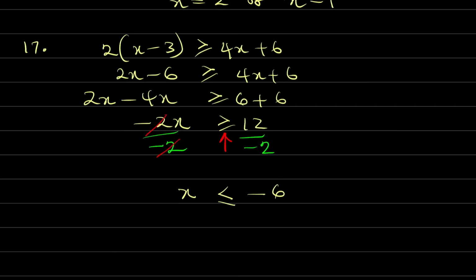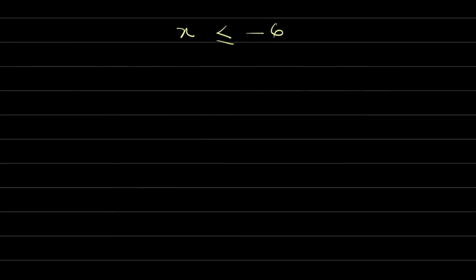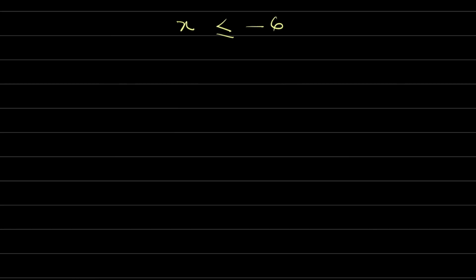Let's go straight to question number 18. Question number 18 is a new topic and it is on logarithm. The question says, solve for x if log to base 2 of x plus 3 is equal to 5.